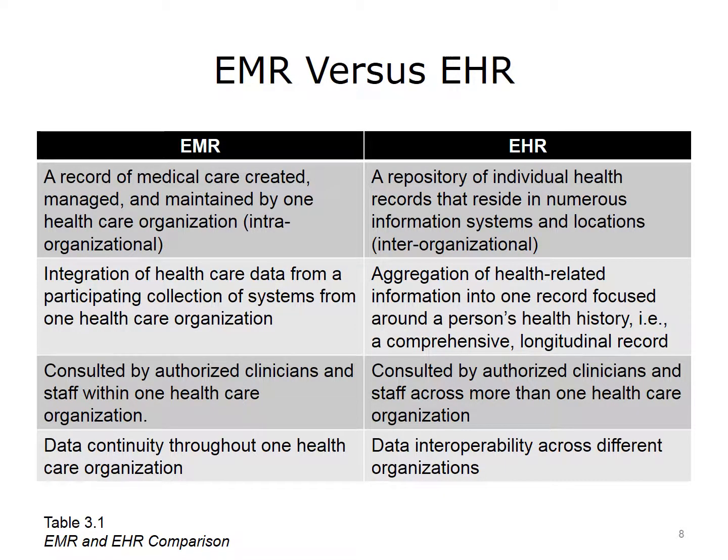The fourth and final row reiterates NAHIT's principal difference, that is, in an EMR, data continuity exists throughout one healthcare organization, but in the case of an EHR, data interoperability across different organizations occurs. While these distinctions can be made between an EMR and EHR, many regard the two terms as synonymous.